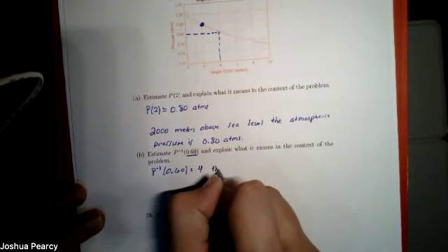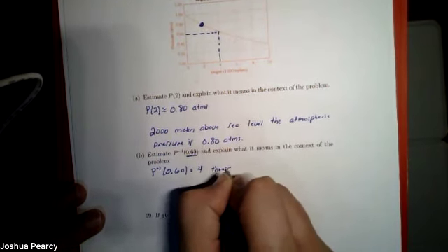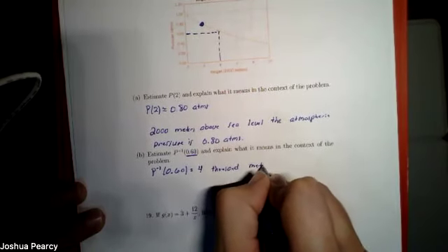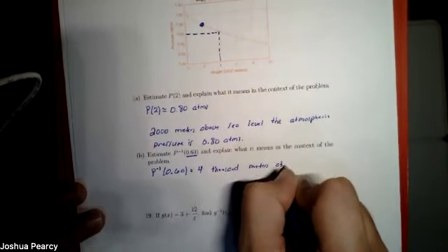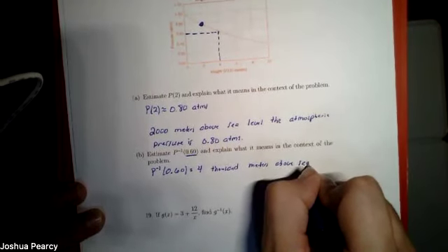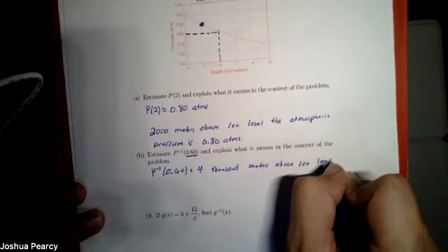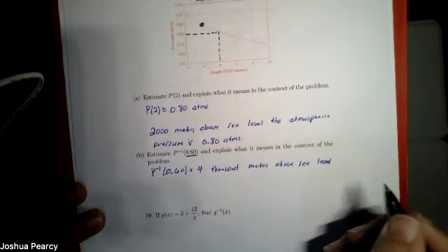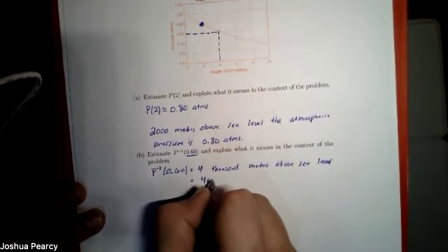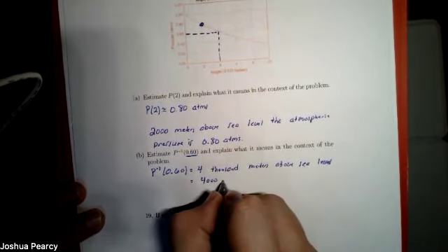So we'd say 4,000 meters above sea level.